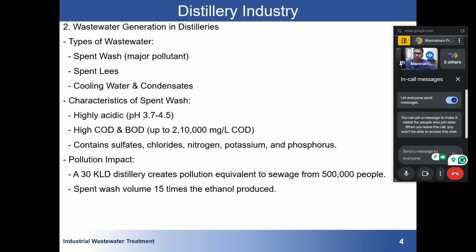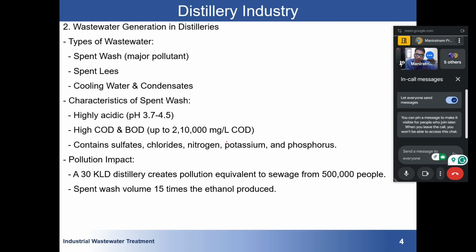It is highly acidic, with a pH of around 3.7 to 4.5. It contains high amounts of chemical oxygen demand and biochemical oxygen demand, up to around 2 lakh. You can see how much COD is there, which means a huge amount of organic matter.